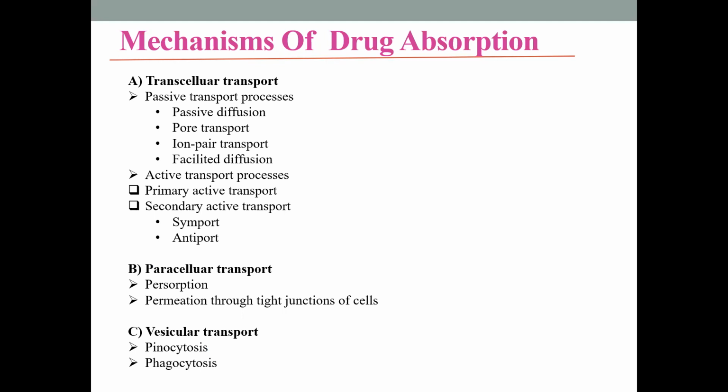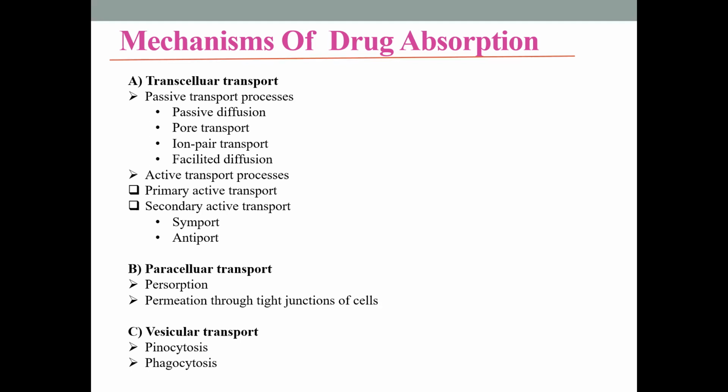The first is the passive transport process, and the second is the active transport process. The passive transport process involves passive diffusion, pore transport, ion pair transport, and facilitated diffusion.